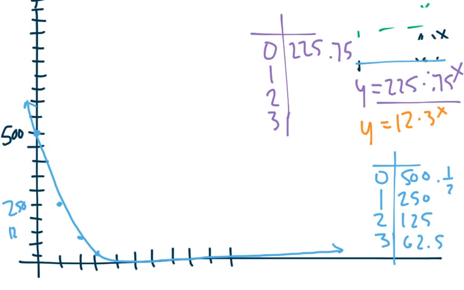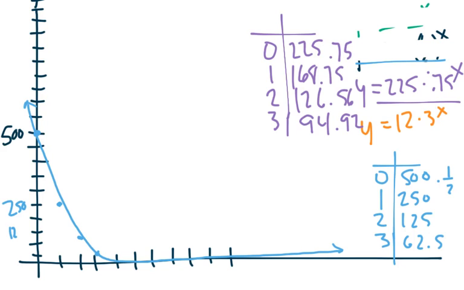So 225 times 0.75 would give us 168.75, times by 0.75 again would give us 126.56, times by 0.75 again will give us 94.92.